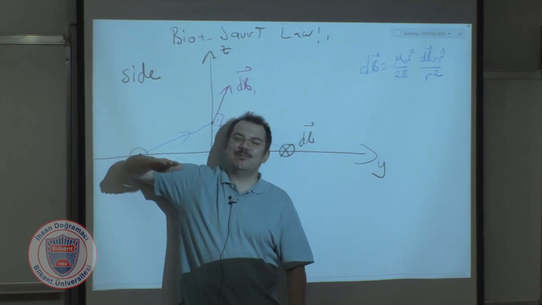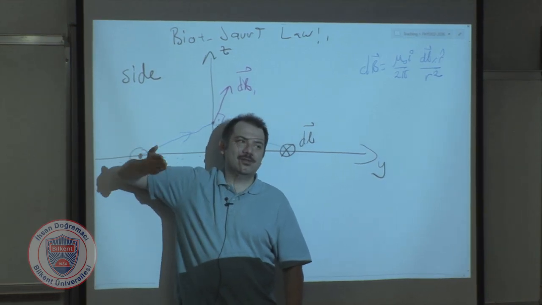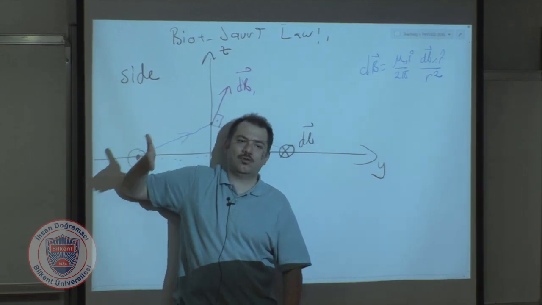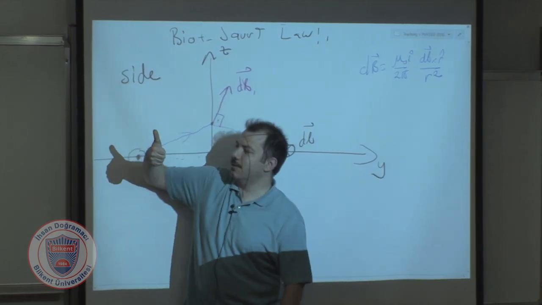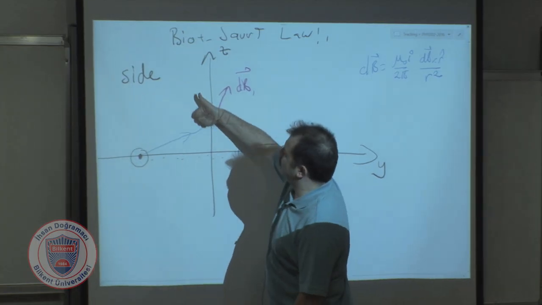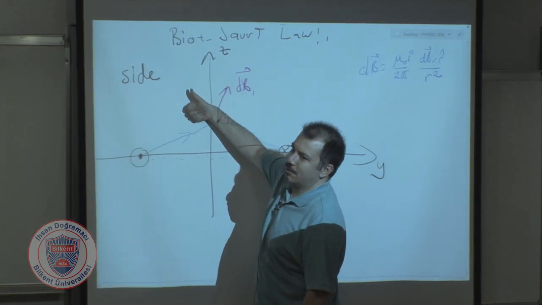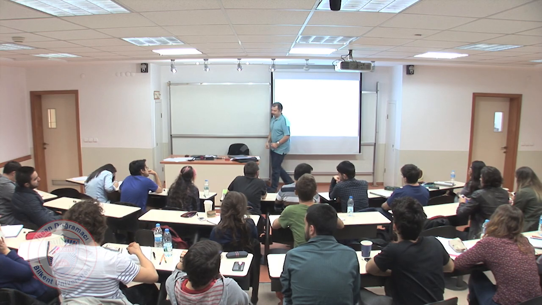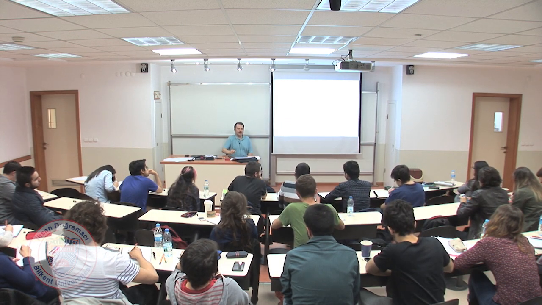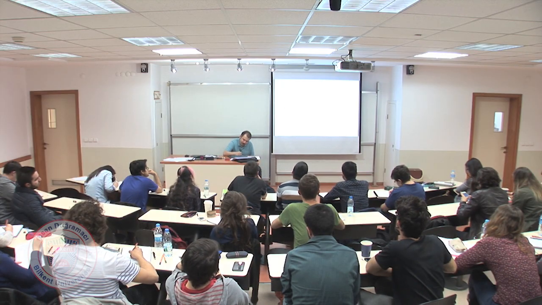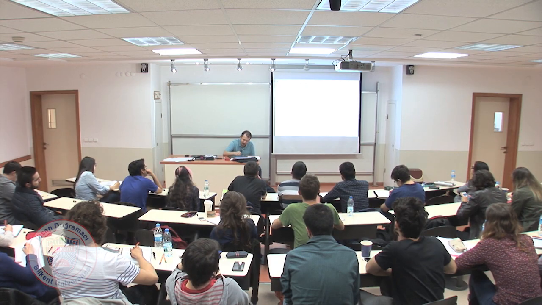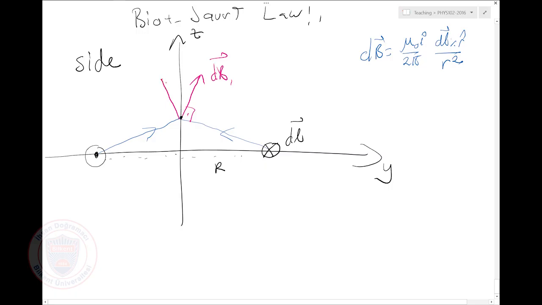Okay. So I'm turning my palm so that my palm actually faces the second vector. So I close from the first vector to the other vector. So it's going to be perpendicular to the blue line and pointing in that direction. Alright? So that's going to be dB2.